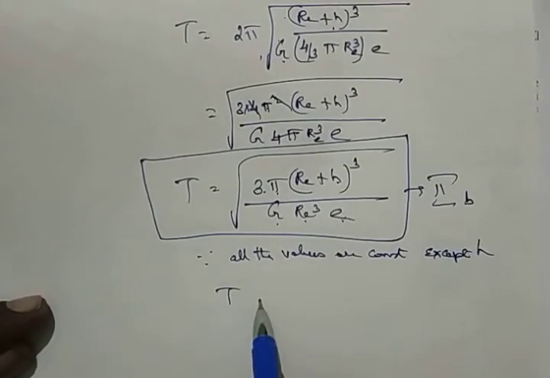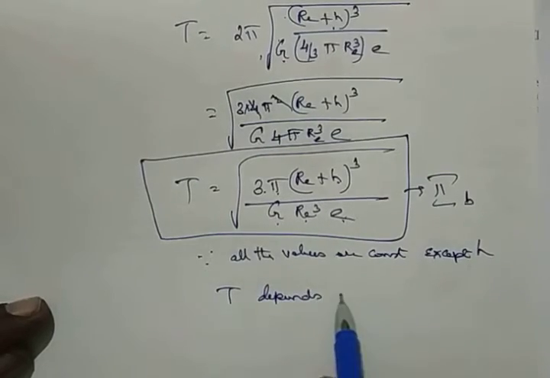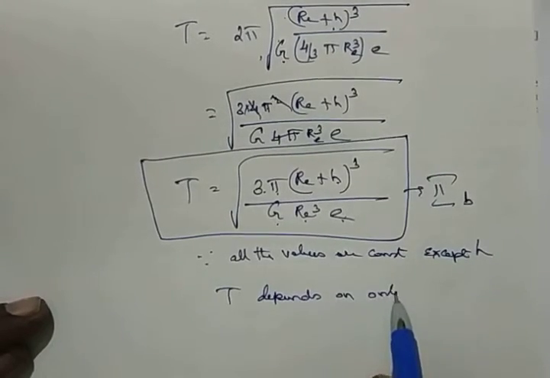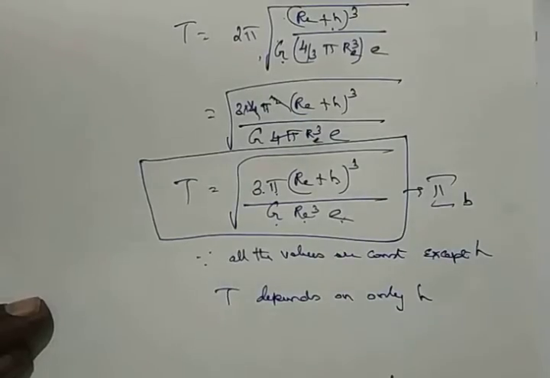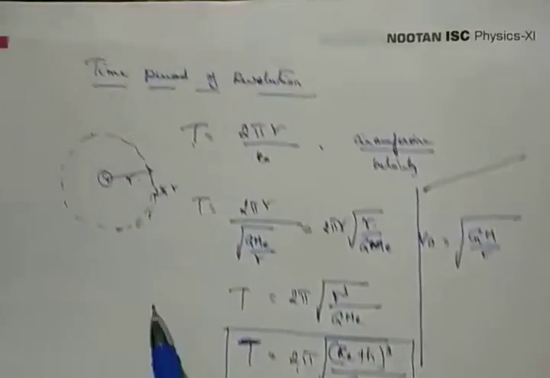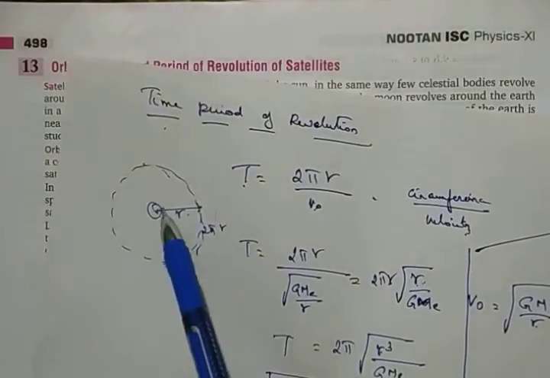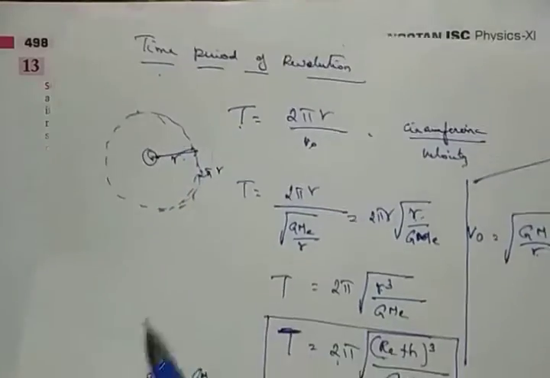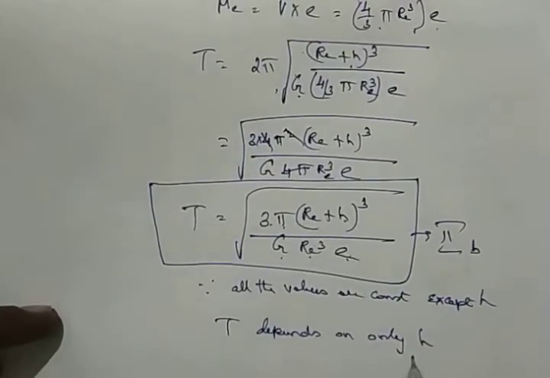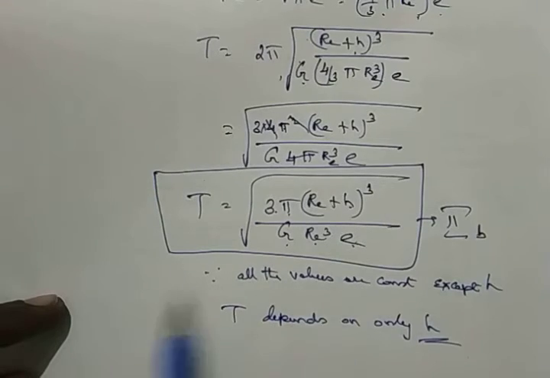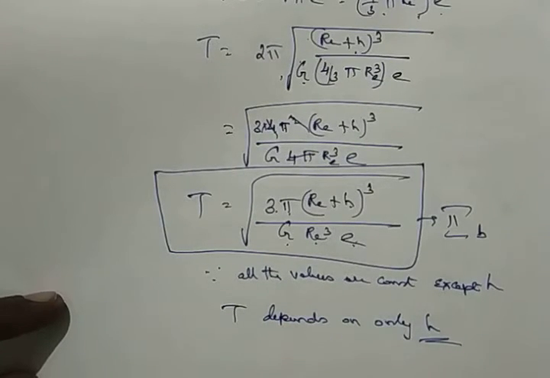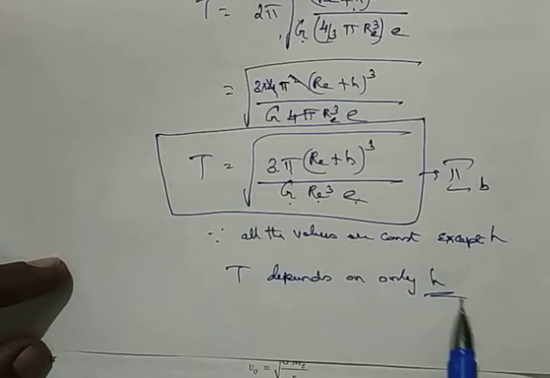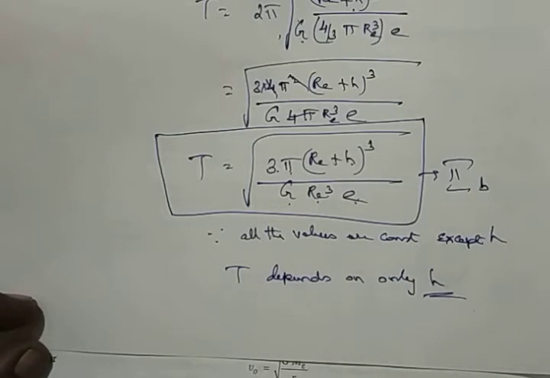Therefore time period T depends only on height. The time period of revolution around the earth depends only on the height of this orbit. Whatever the height it is, time period depends only on the height, not on any other factor. More the height, accordingly the time period will change.